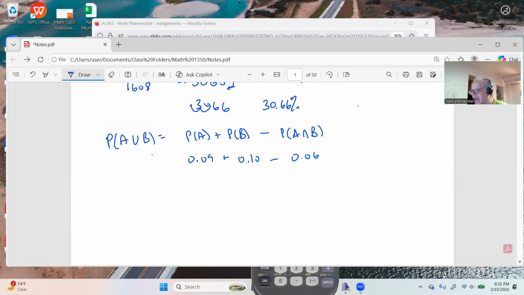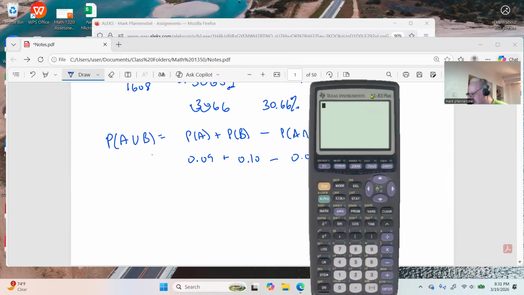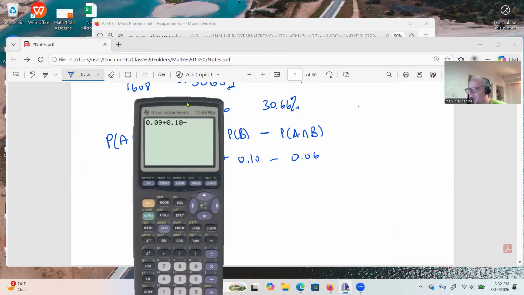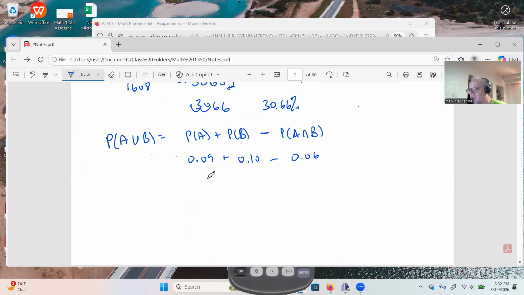Okay, so I'll go back to my calculator for a moment because I don't want to take the risk of making a mistake. So we have 0.09 plus 0.10 minus 0.06. Okay, you don't have to put all the zeros in, it's fine. We'll have 0.13.